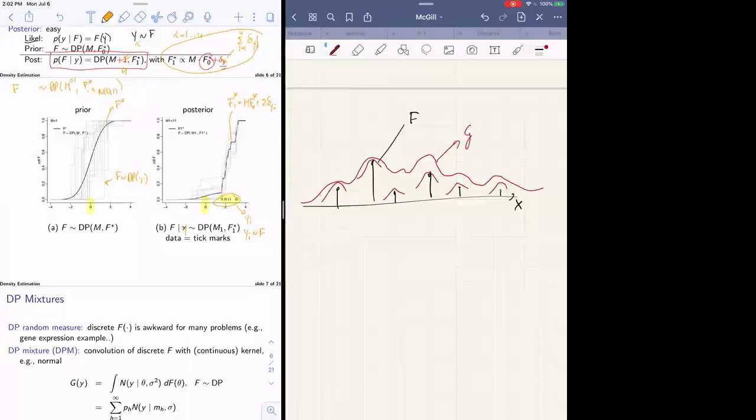Let's call it G, where G is now just the integral of that kernel. We might use, for example, a normal kernel centered at mu with variance sigma squared, then we integrate with respect to the discrete prior df of mu.